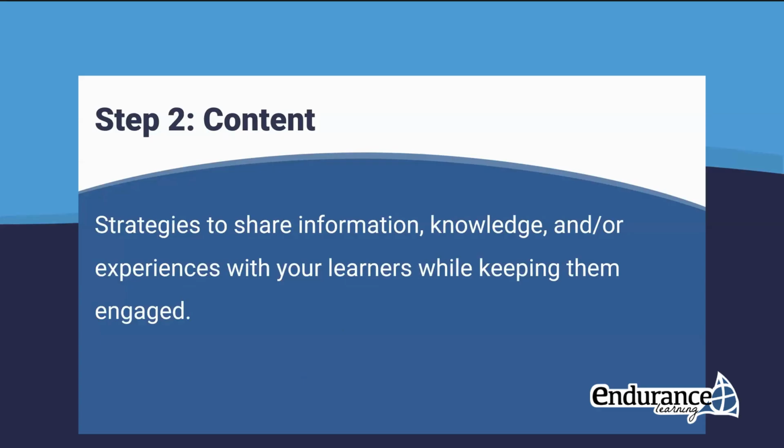Once we get past this first step, there are three more steps. The second step is content. This is where lots of training that I've attended over many, many years excels. This is the idea of sharing information, knowledge or experience while keeping people engaged. The most frequent ways I've seen people do this are through lecture and PowerPoint.